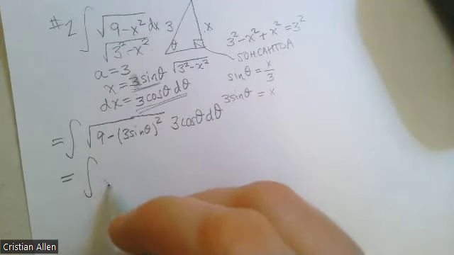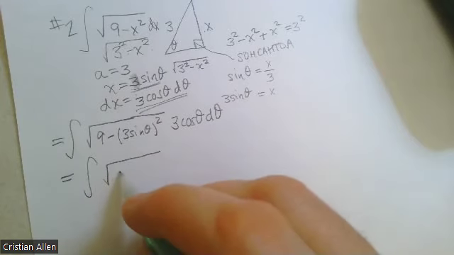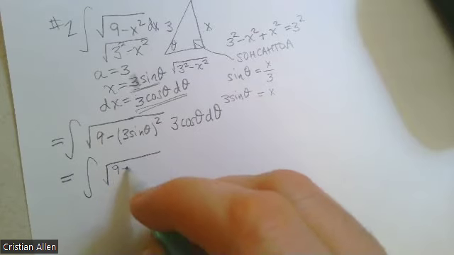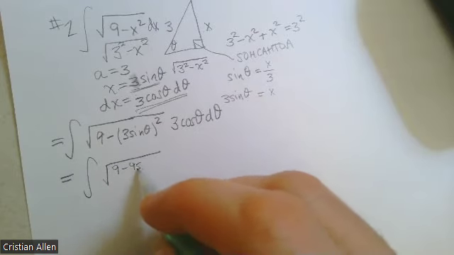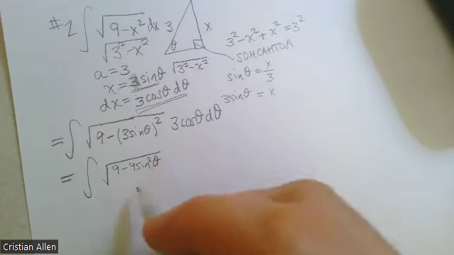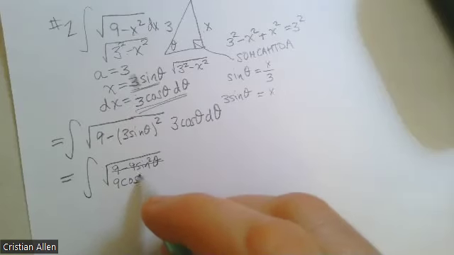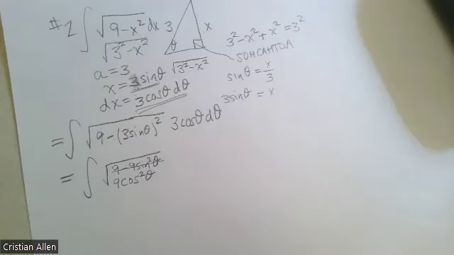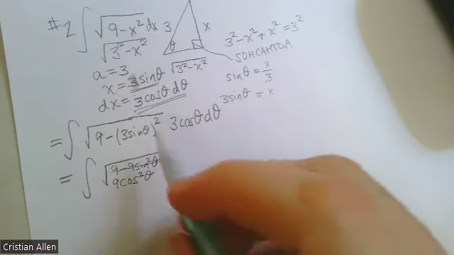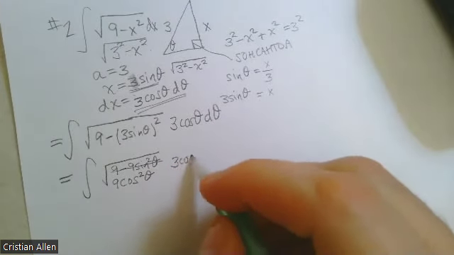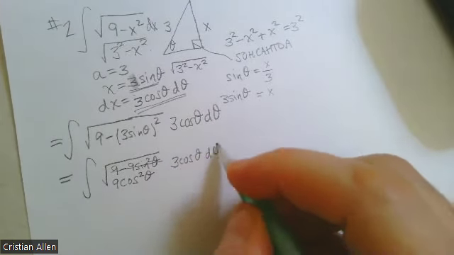All right, let's see where we're going now. Well, the item under the square root is looking like it's going to be 9 minus 9 sine squared theta. And from our Pythagorean identity, we're going to go ahead and mark that down as 9 cosine squared theta. This is the generalized Pythagorean identity.